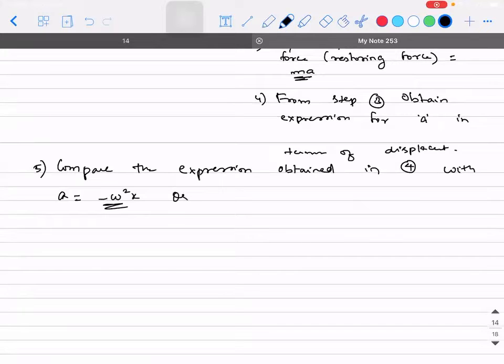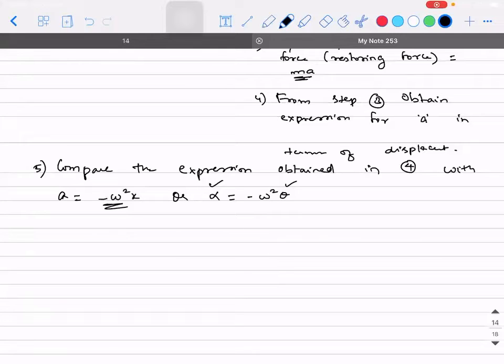Or if at all you're talking about rotation, you'll see this kind of expression: alpha is equal to minus omega square theta, where alpha stands for angular acceleration and theta stands for angular displacement. This is also applicable.